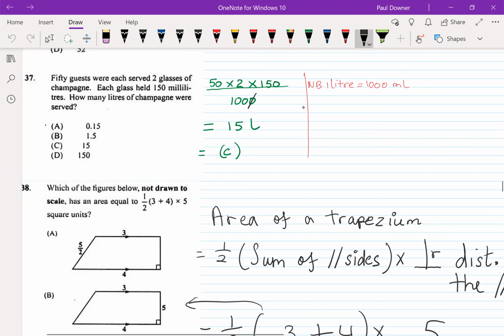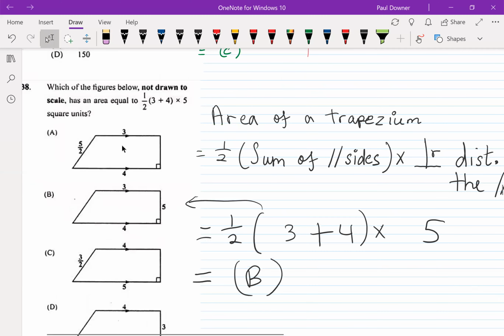I'm going to divide here by 10, there by 10, here by 10, here by 10. I'm going to notice that 5 could go into here 1, 5 could go into here 2, and then 2 into 2, 1, 2 into 2, 1. So what we're ending up with is 1 times 1 times 15, which is 15 on top, and 1 below. So that's 15 over 1, or simply 15 liters would be the answer. That is answer C. So the answer there was C.